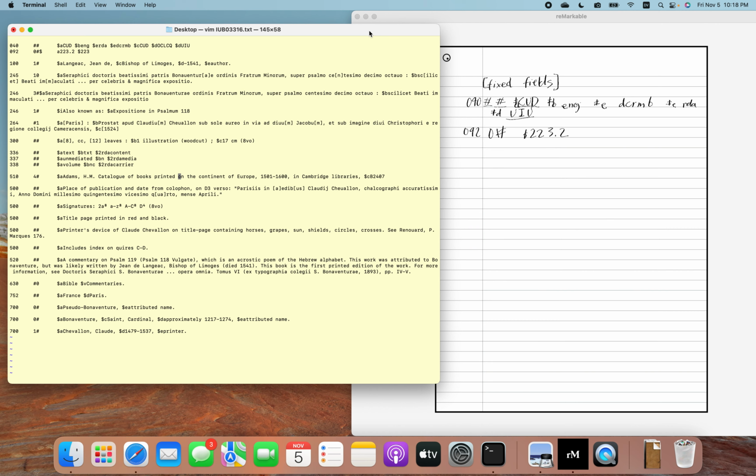And we have A, so we put our number in: 223.2. And what this means is 200 is religion, Bible, Psalms. Just trust me that 223.2 in Dewey Decimal System edition 23 is Psalms.